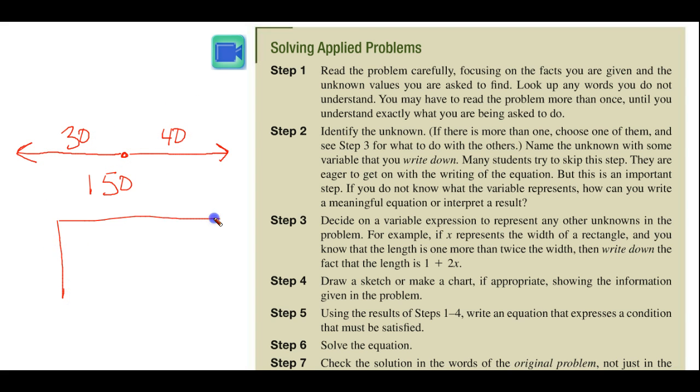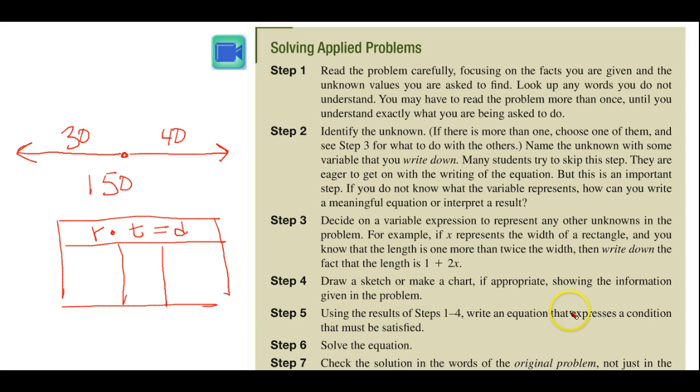And then, of course, you'll see the various tables where they have rate times time equals distance, and you're filling things in. Again, they don't have to be too fancy, and they are meant to be an aid to your solving it.